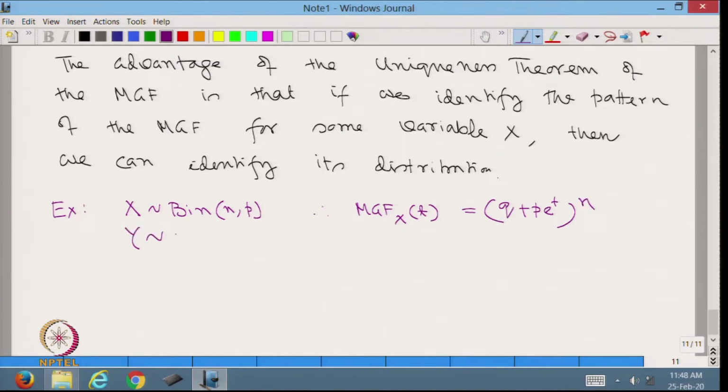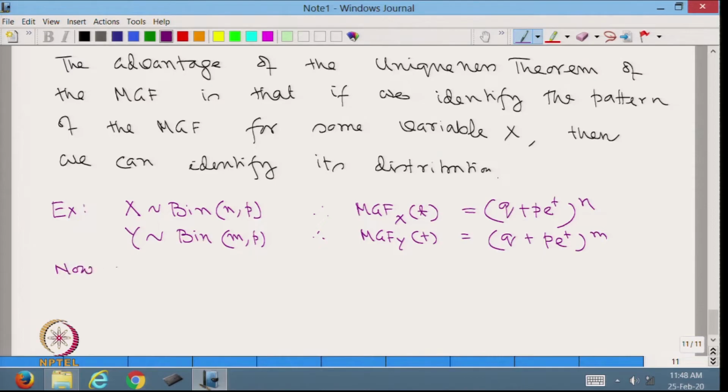Suppose y is distributed as binomial m comma p, therefore, MGF of y at t is equal to (q plus p e to the power t) whole to the power m.